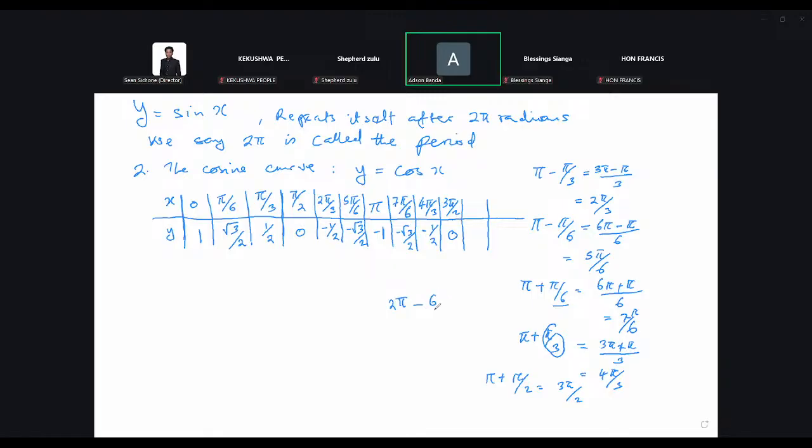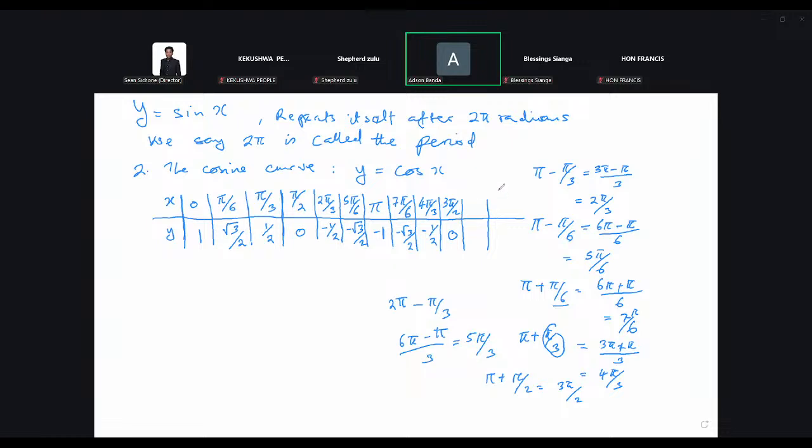So we can do, sorry, pi by 3. So we do pi by 3. Right, so 2 pi minus pi by 3, you are going to see that this gives us 6 pi minus pi over 3, which is just 5 pi over 3.